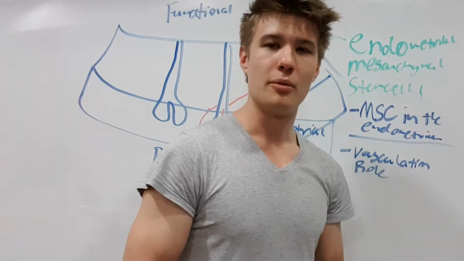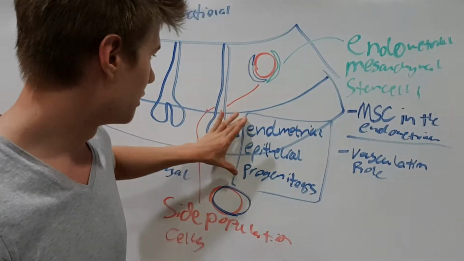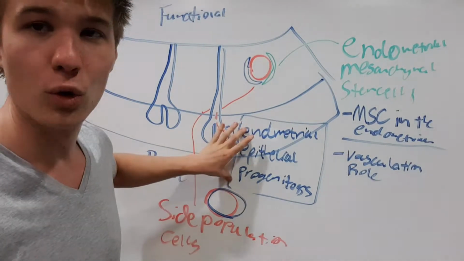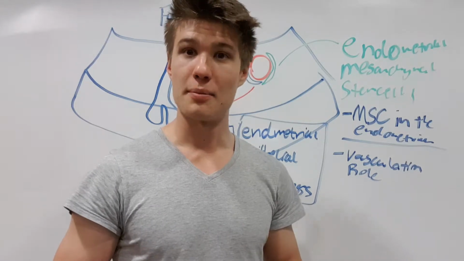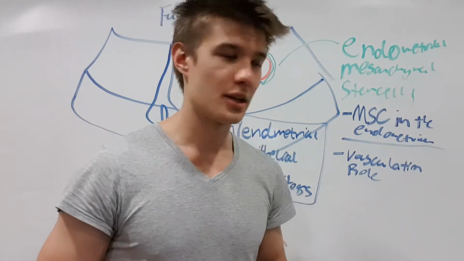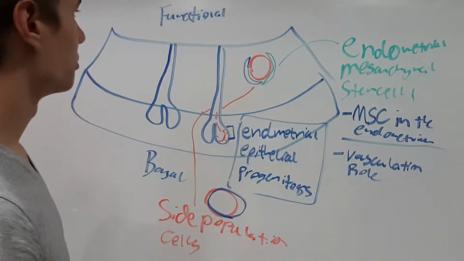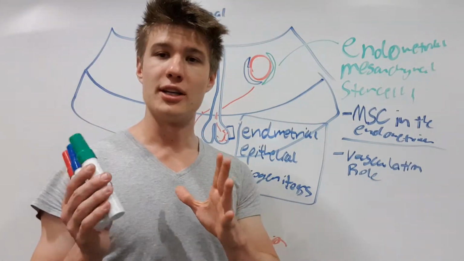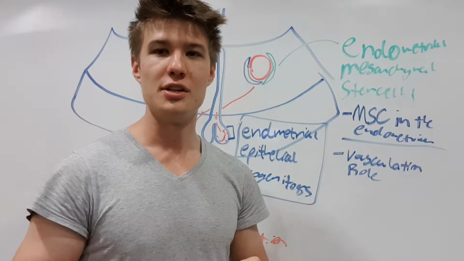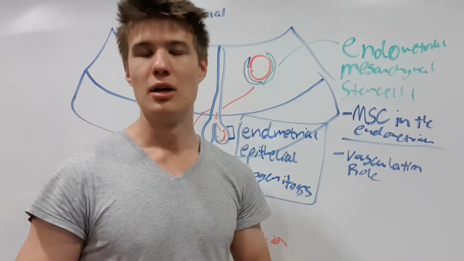The other thing to note about the endometrial epithelial progenitors, these guys, is that they don't have any receptors for female hormones. They don't have any receptors for progesterone or estrogen, which makes sense because they're the earliest in that lineage and they don't need to interact with that system.